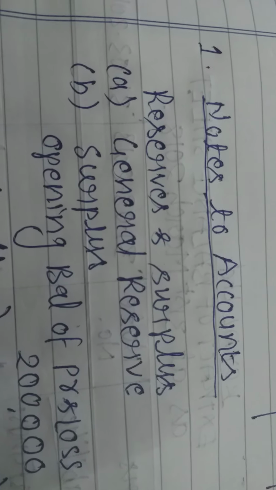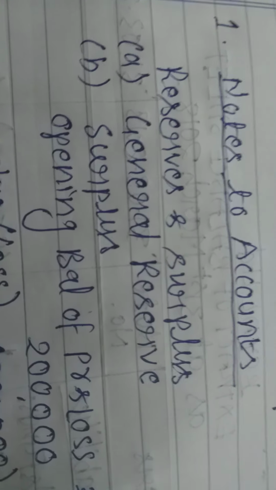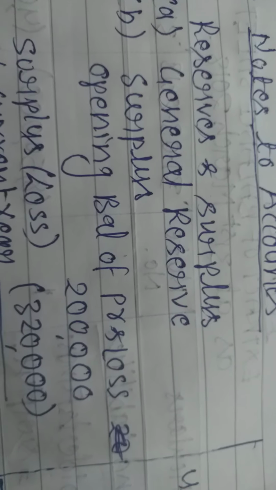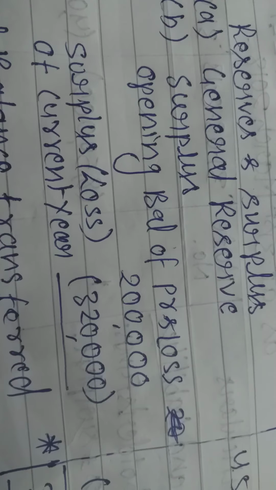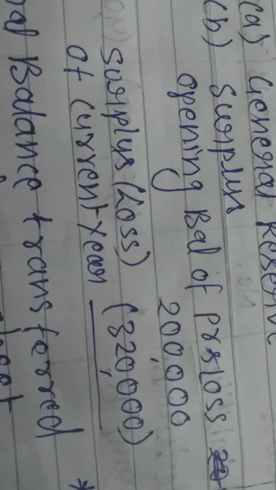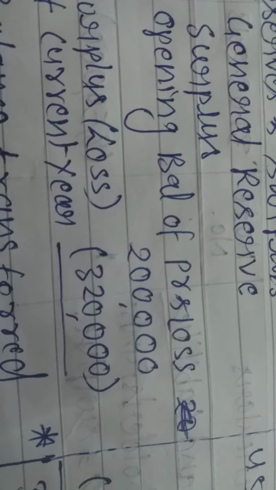Now come to notes to account. The heading is reserves and surplus. Now in this question, reserve has been given to you in the form of general reserve. So first of all, you write the reserve, that is general reserve, which equals 4,50,000. Then the second heading is surplus. The opening balance of profit and loss provided to you is rupees 2 lakh, and the loss of the current year given to you is 3,20,000.